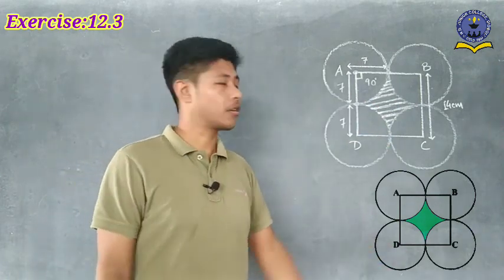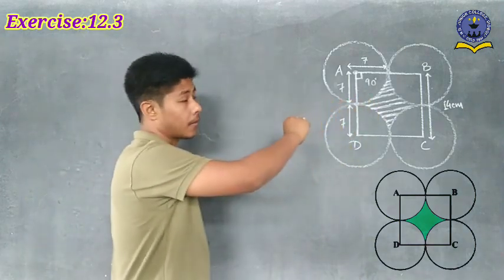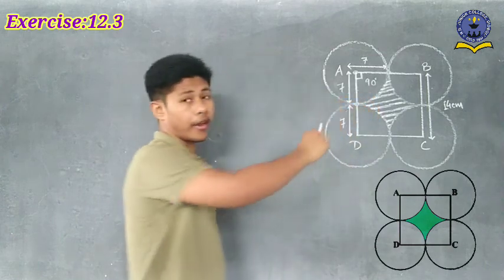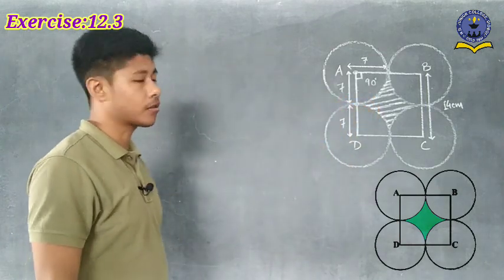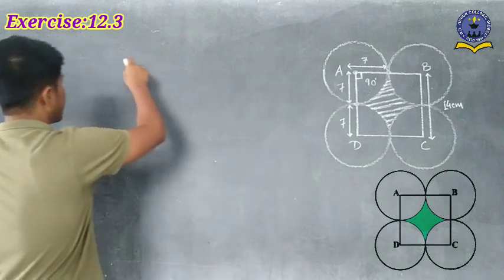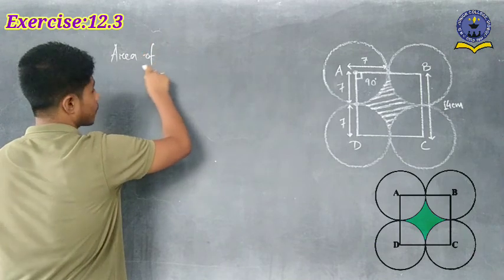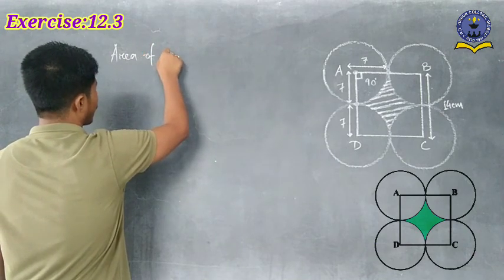Is it clear? First, we have to find the area of 1 quadrant or 1 sector. So how can we write it? Just write area of 1 quadrant.